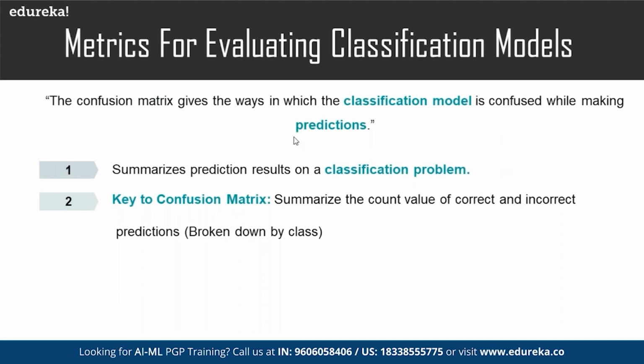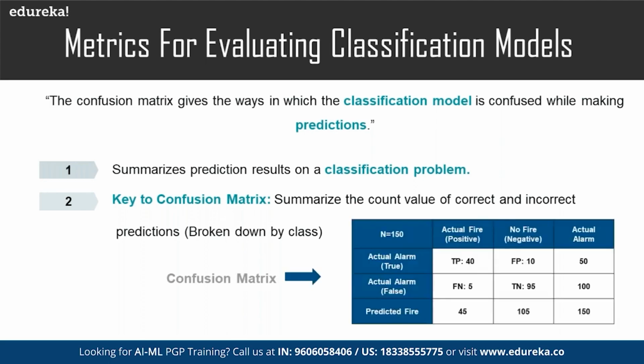So what does this confusion matrix do? It summarizes the incorrect and correct predictions by class. Take a fire alarm system, for example. The system should alarm correctly whenever there is a fire in a place.